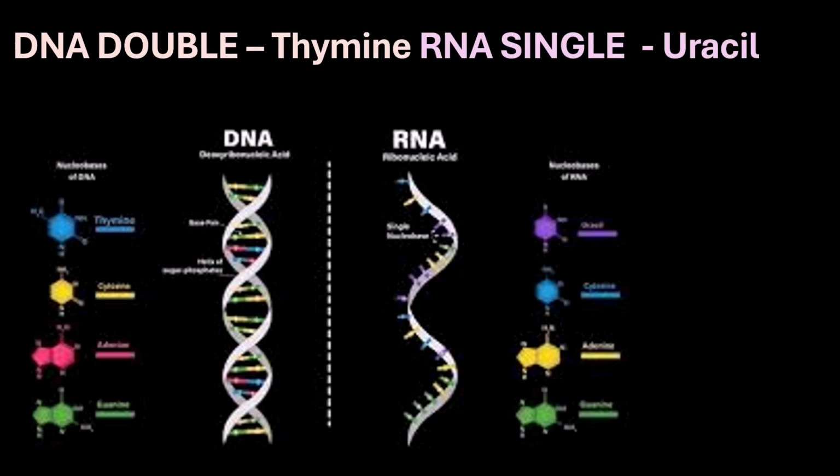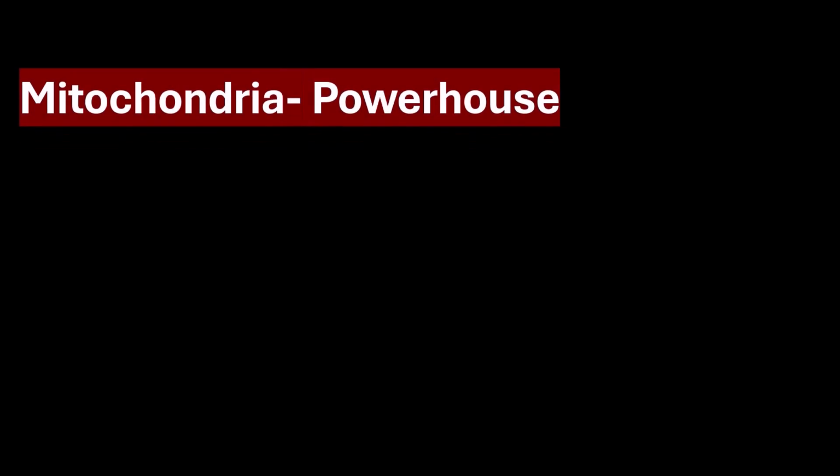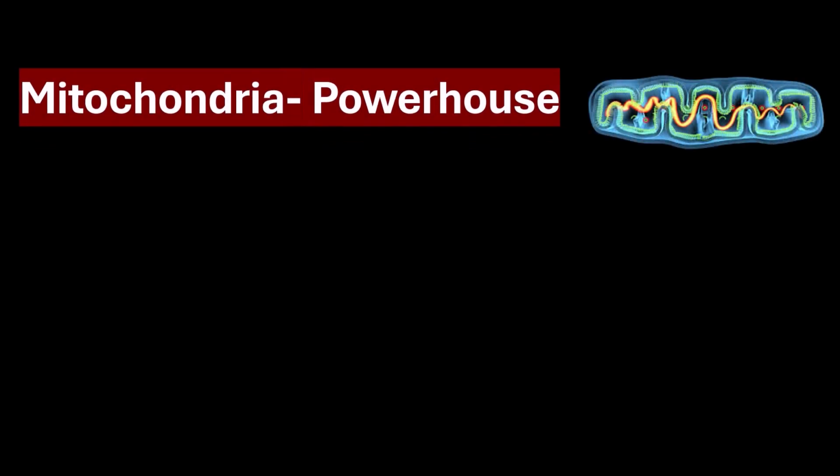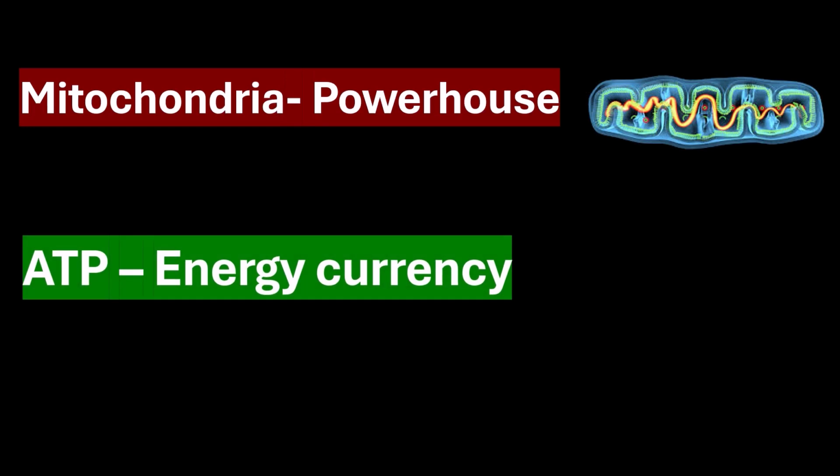Remember short form DDT-RSU for DNA double-stranded with thymine and RNA single-stranded with uracil. Mitochondria is powerhouse of the cell. ATP is energy currency of the cell.